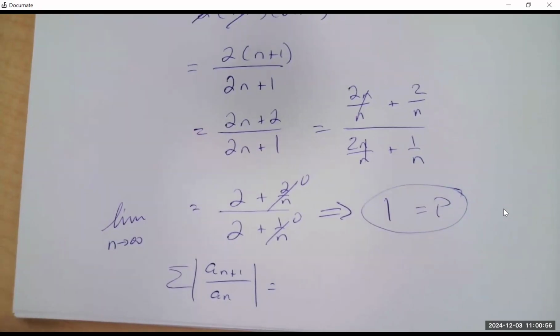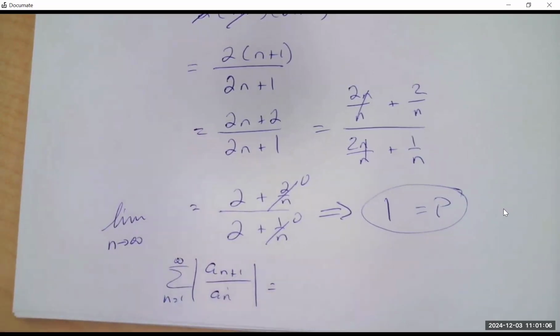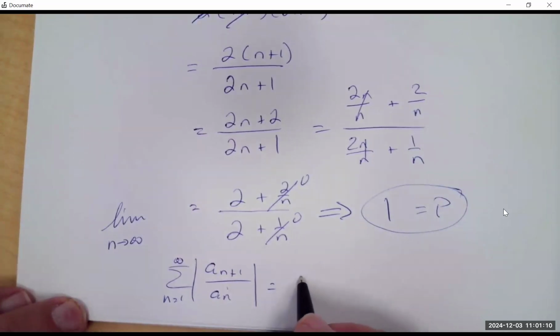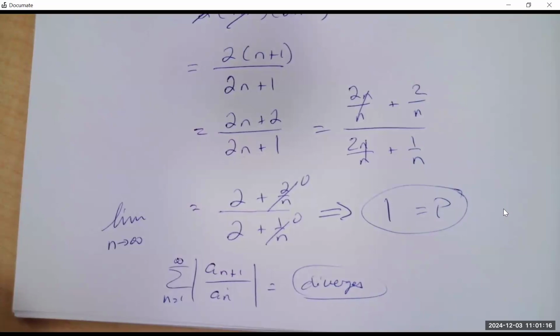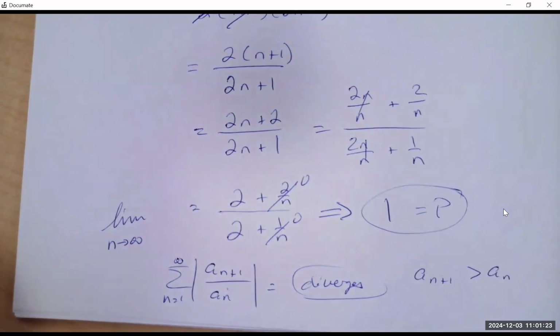Does it get bigger or does it get smaller on top than the bottom? Well, yeah, the top's always going to be bigger than the bottom. So since the top is bigger than the bottom, it diverges. Because a n plus 1 is bigger than a n. It's an improper fraction for each term.